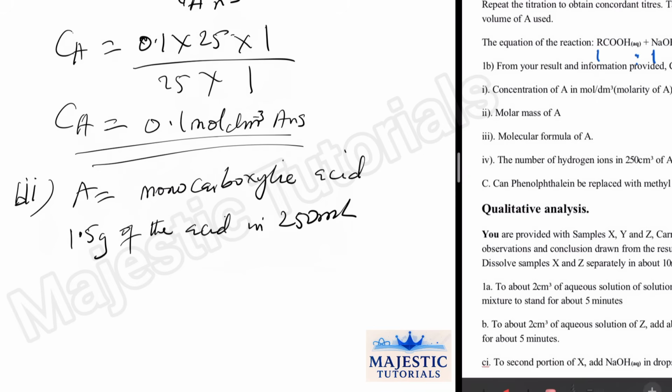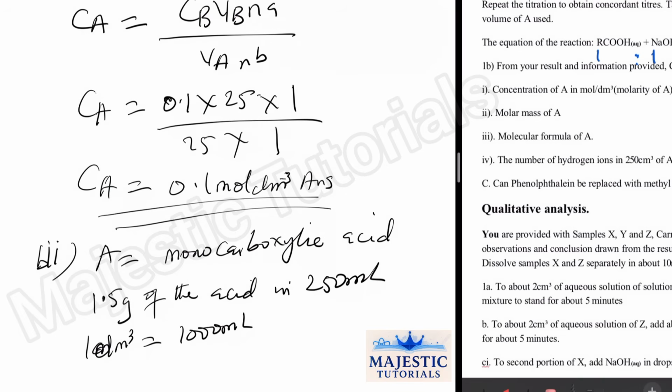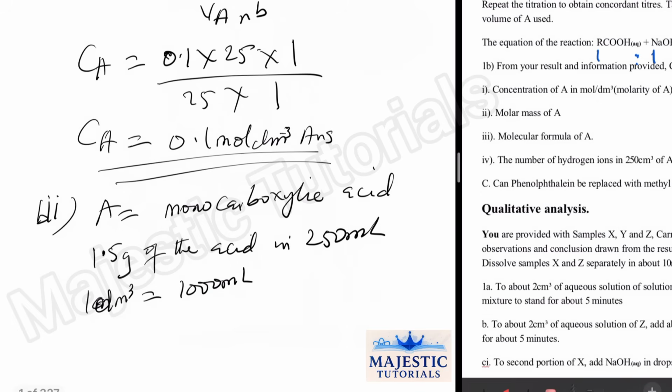If not in 1000, find out the one in 1000, because one dm cube is equal to 1000 milliliter, and what we have been calculating is gram per dm cube or mole. The formula we've been using here is mole per dm cube. Remember in exam it also means mole per 1 liter, or 0.1 mole per 1000 milliliter, whichever unit.